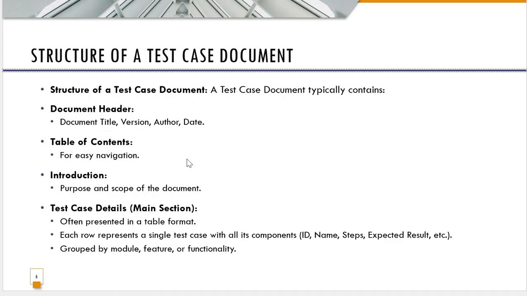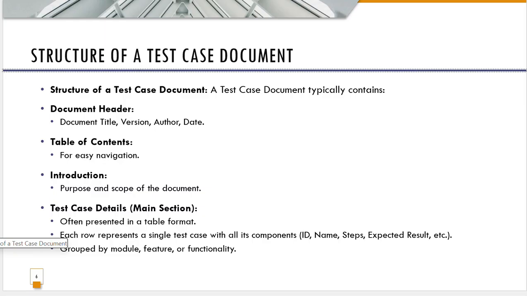And then the introduction, the purpose and scope of the document: what is the purpose of that document, why you are doing that testing, and what are the in-scope and out-of-scope functionalities of the test case document. It should be mentioned what features, functions or requirements you are covering in that document, and what you are not covering as per the business requirement document and functional requirement document.